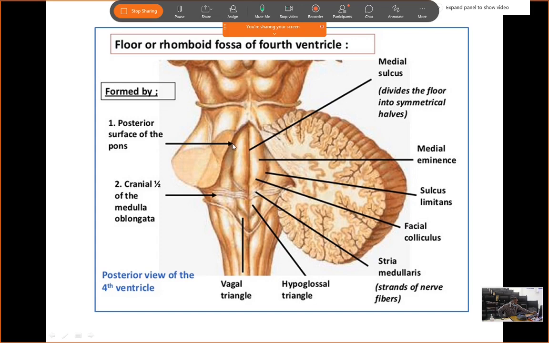Lateral to this, the sulcus limitans. Just beneath it, we have nuclei, the hypoglossal nucleus and the vagal nucleus. So from here, the vagus nerve will arise. From here, the hypoglossal nerve will arise.